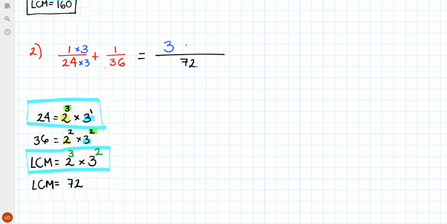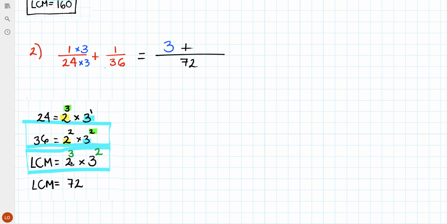Then plus, and then we're going to analyze, okay, what happened here? Now I'm going to think about my 36 and my lowest common multiple. The 3's in this case are complete. I have 3 squared and 3 squared. In this case, I have 2 2's here and 3 2's here.